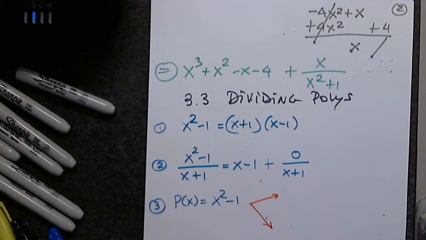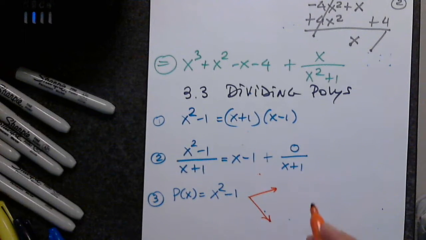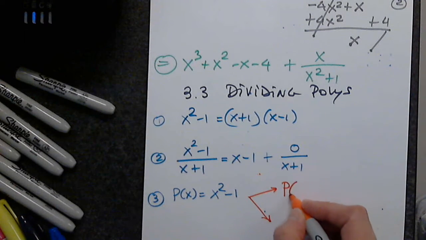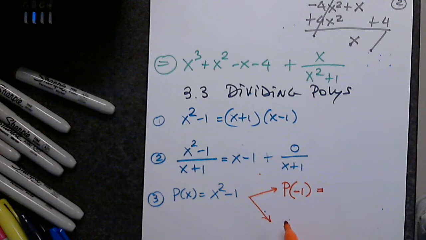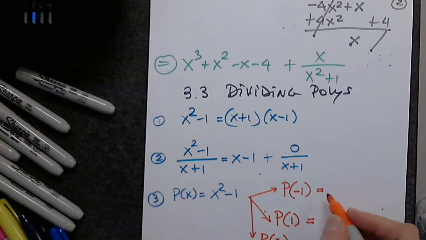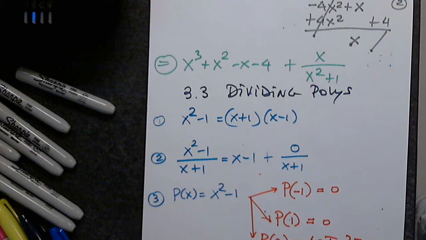Without calculating, I want to ask you this. What do you think p of negative 1 will equal to? And what do you think p of 1 will equal to? And let me also add one more here. Let's say p of 3. And whatever. That's all I want you to say. 0, 0, and not 0.